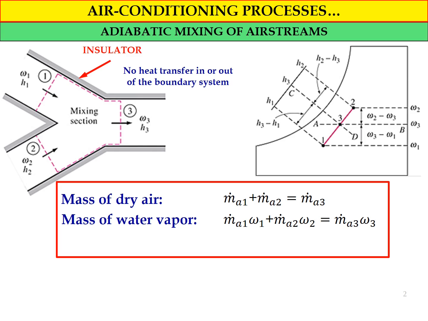So if you implement the specific humidity equation, we get ma1 dot multiplied by omega 1 plus ma2 dot multiplied by omega 2 equals ma3 dot multiplied by omega 3.